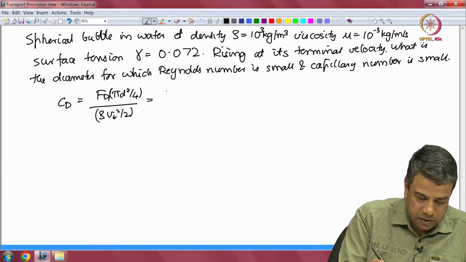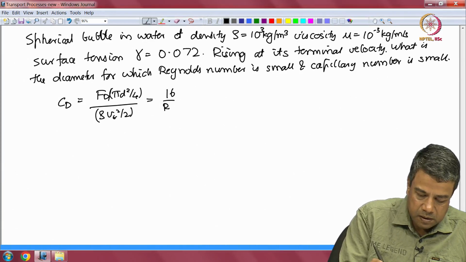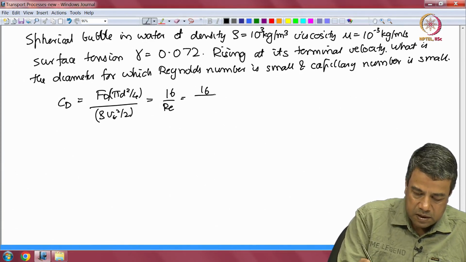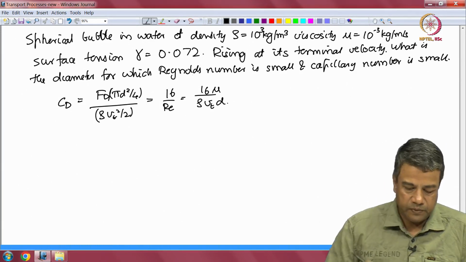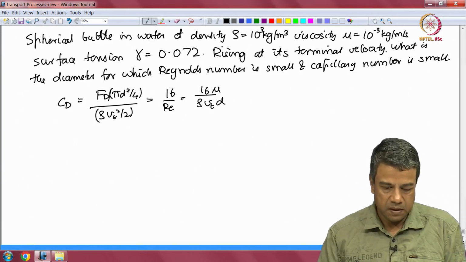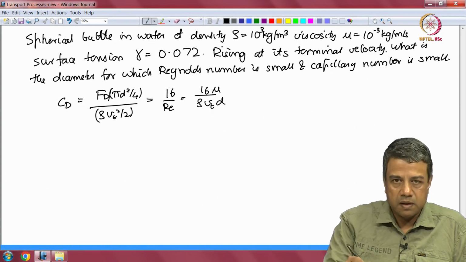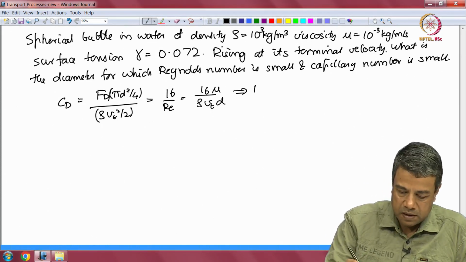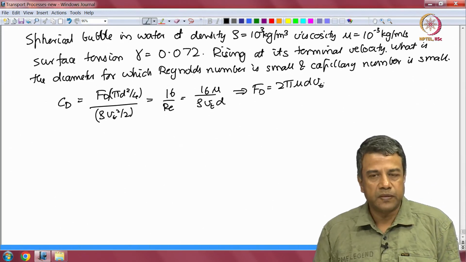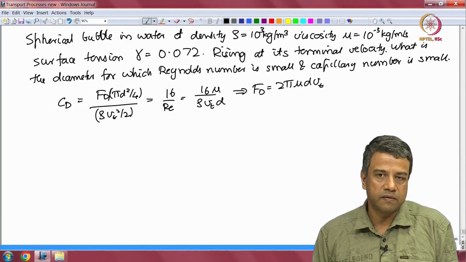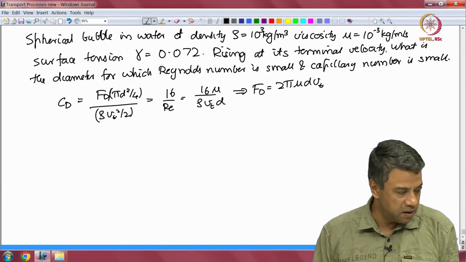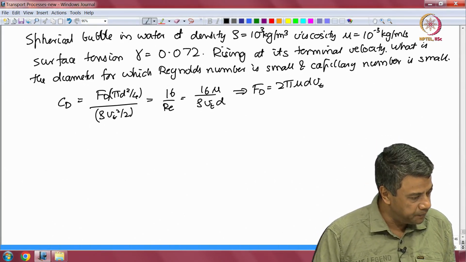This is equal to 16 by Re, and you can just do some simple algebra to get the drag force is equal to 2 pi mu d Vt. For a solid particle it was 3 pi, in this case it is 2 pi because the drag coefficient of a solid particle was 24 by Re, in this case it is 16 by Re.